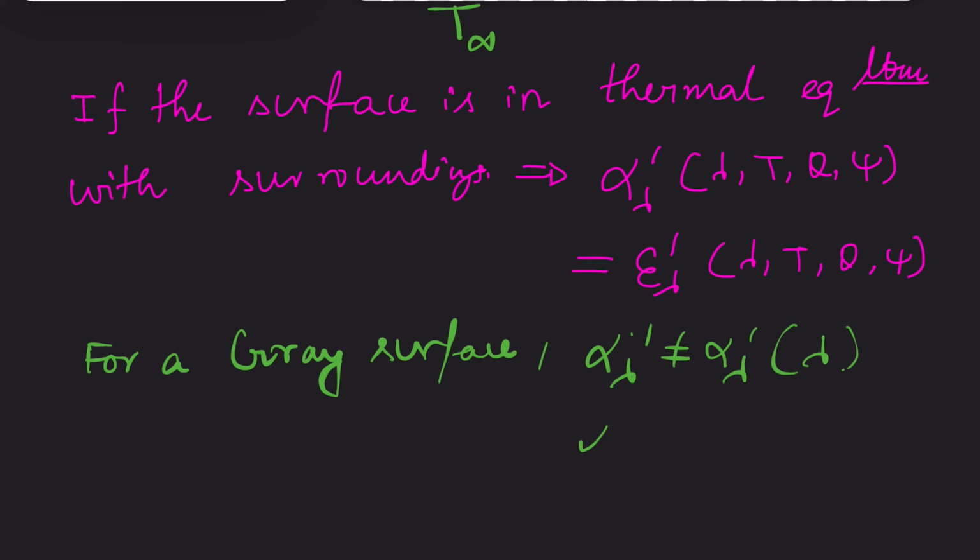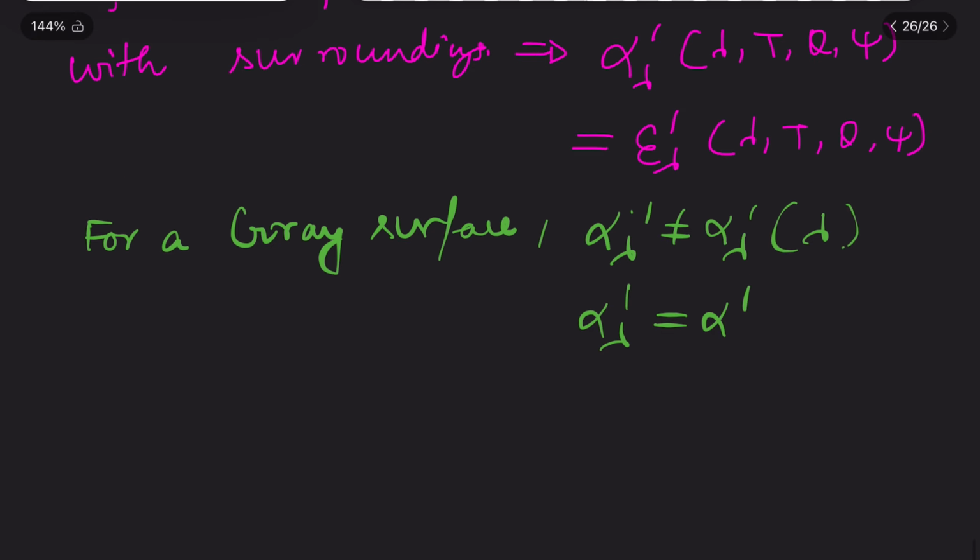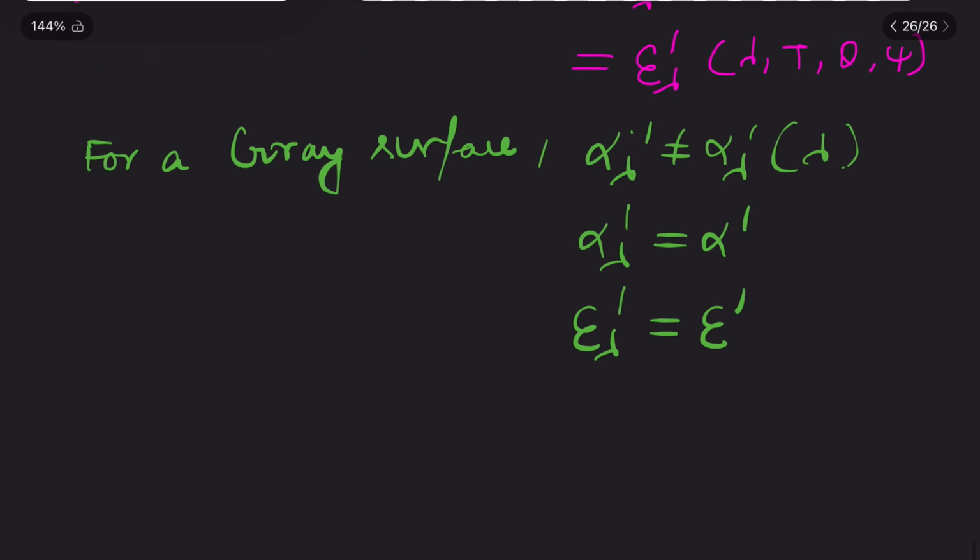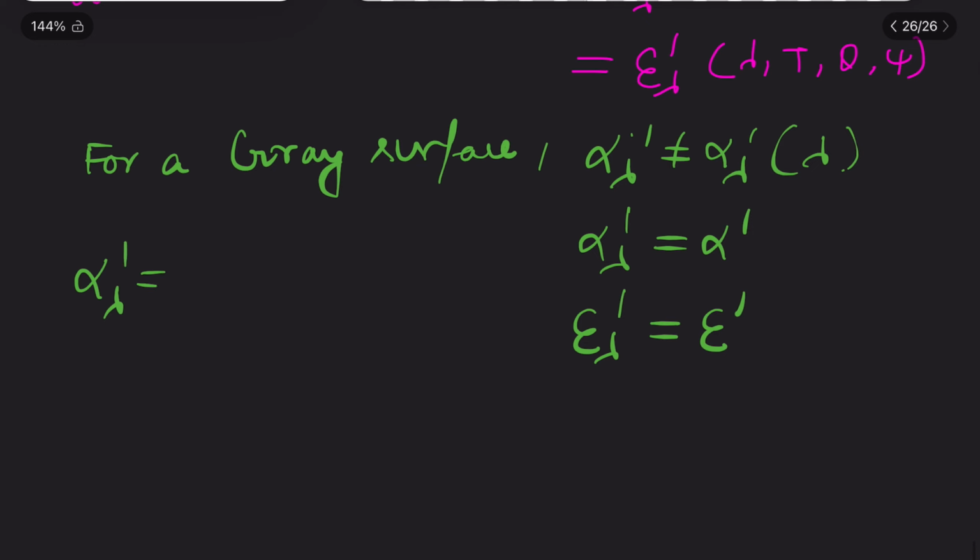That means my alpha lambda dash is as good as alpha dash, and similarly epsilon lambda dash is as good as epsilon dash. So for a gray surface, alpha lambda dash is equal to alpha dash is equal to epsilon dash is equal to epsilon lambda dash.